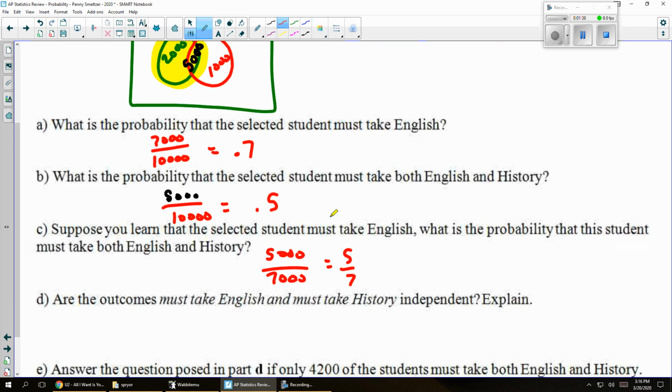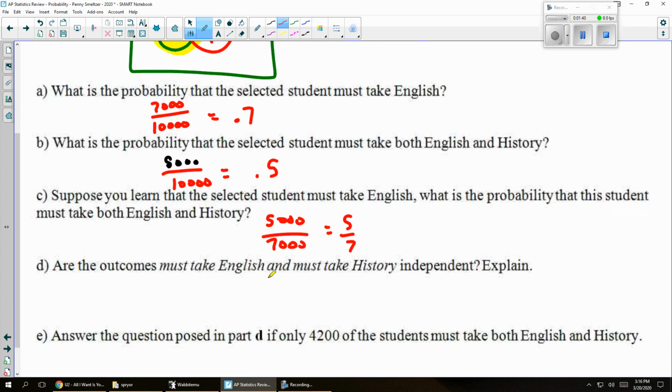So are the outcomes independent? Are the outcomes must take history and must take English independent? And so if they are independent, then the probability of history given English is going to be the same as the probability of history.